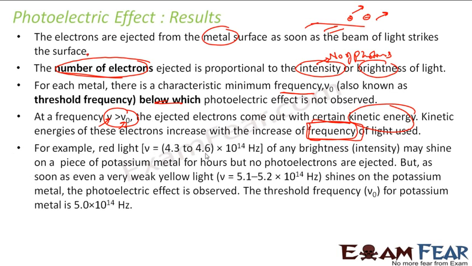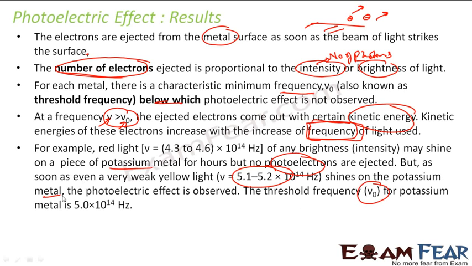For example, red light has a frequency below the threshold. Of any brightness, if you put n number of photons, it doesn't matter. You can put it on potassium metal for hours, but there won't be any photoelectric effect. No electrons will come out. But a very weak light with only 2 or 3 photons, if the frequency is high, shining on the same potassium metal, the photoelectric effect is observed.